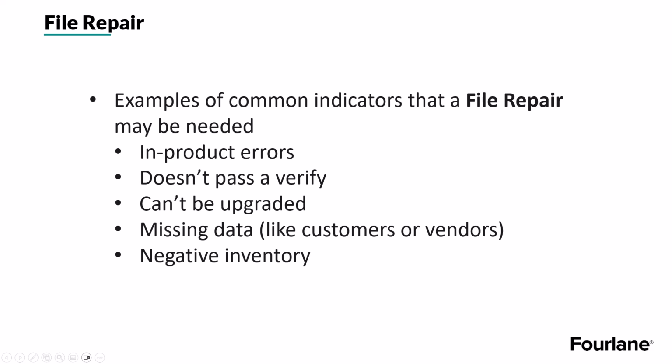Some of the common problems we see with the QuickBooks software are in-product errors. Sometimes that can be running your balance sheet and getting that out of balance error message.